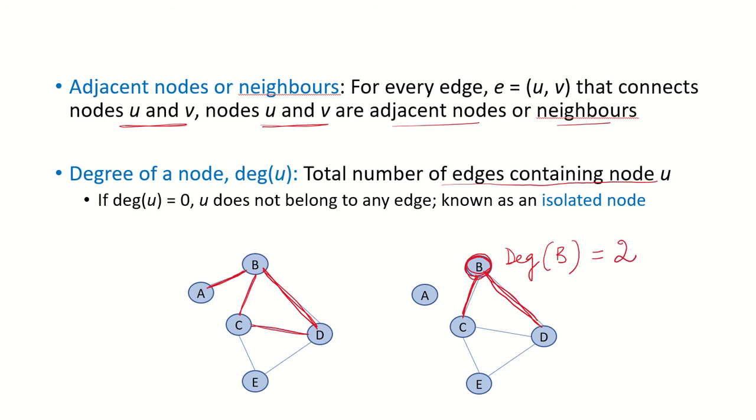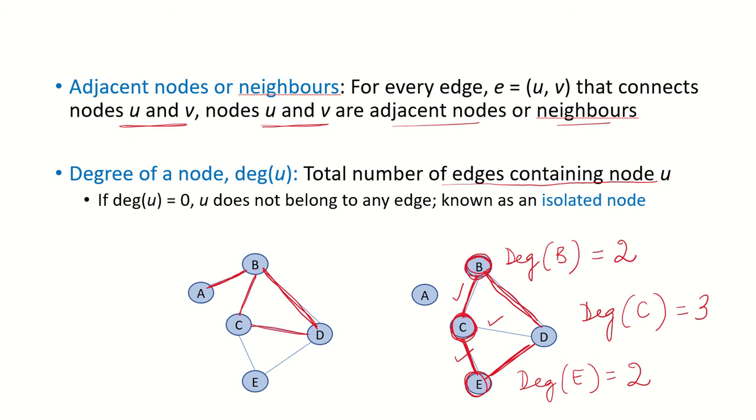If we talk about the degree of node C, there are 3 edges which contain node C. This one and this one. So we say that the degree of C is 3. What about the degree of E? Again it is contained by this edge and this edge. So we say that the degree of E is 2.